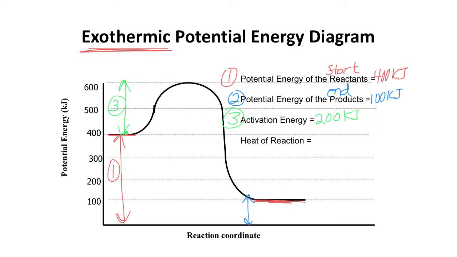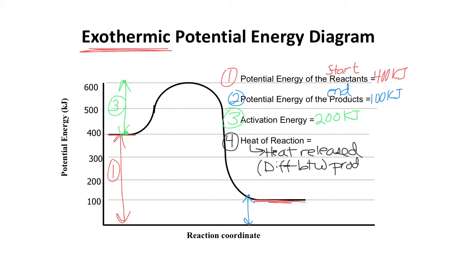Our last data point is heat of reaction. So that is the amount of heat that is absorbed, or in this case, since it's exothermic, that is released. So it's going to be the difference between the products and the reactants.